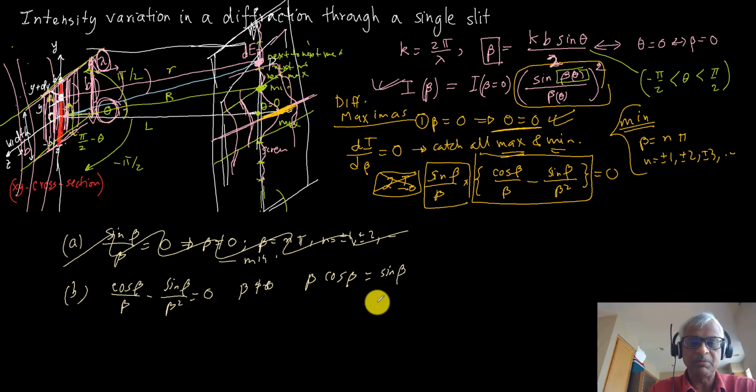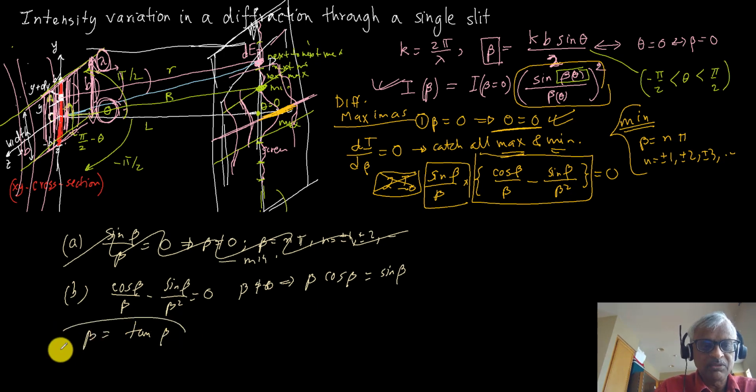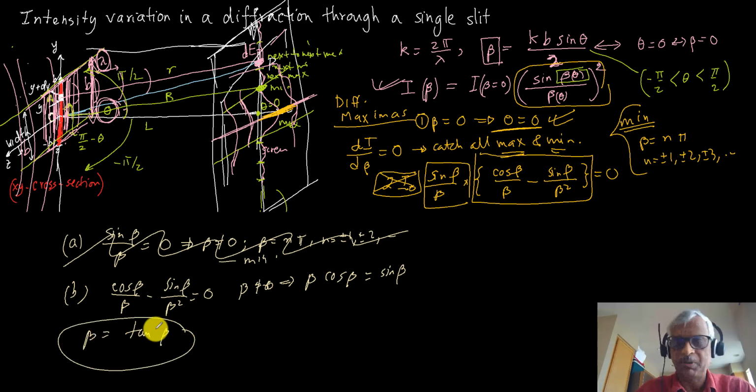How do I solve this? This says beta equals tangent beta. This is a pretty hard problem to solve, and one way to solve it is what is called the graphical method, and let me illustrate that.